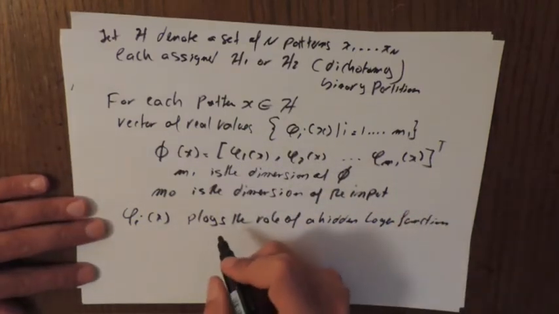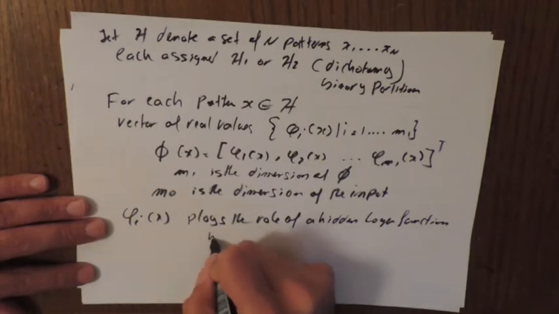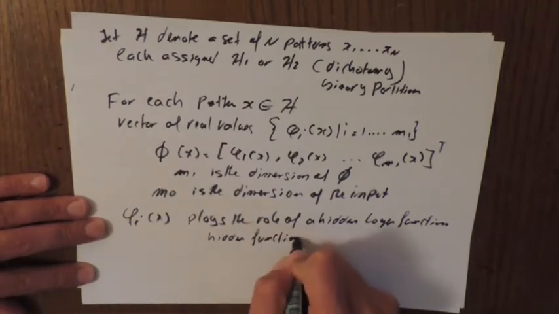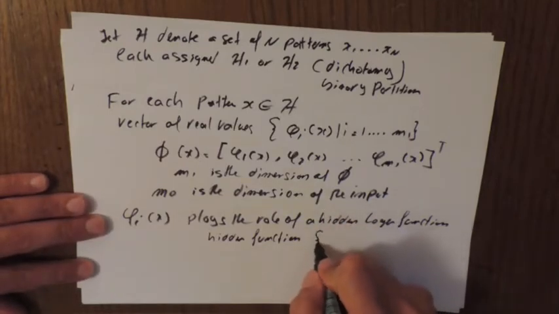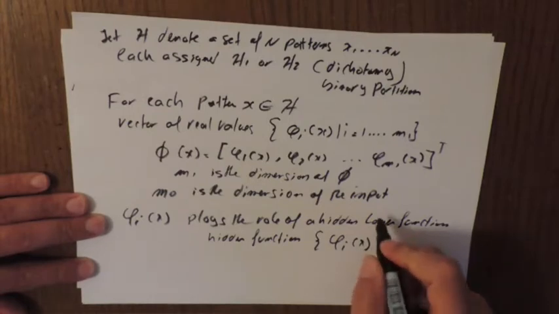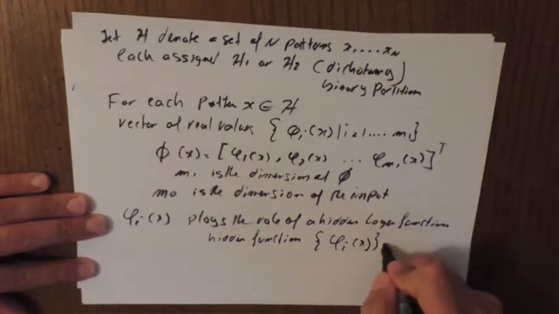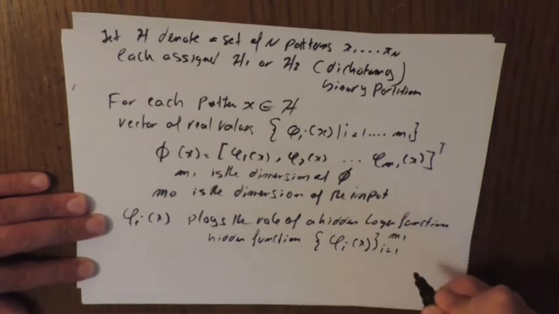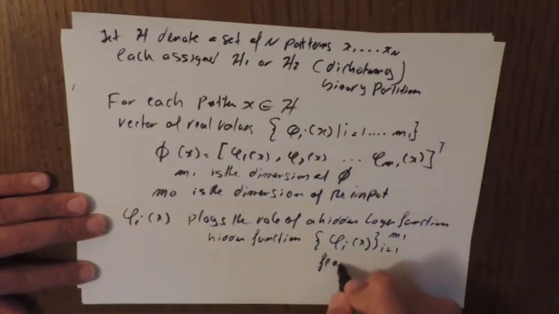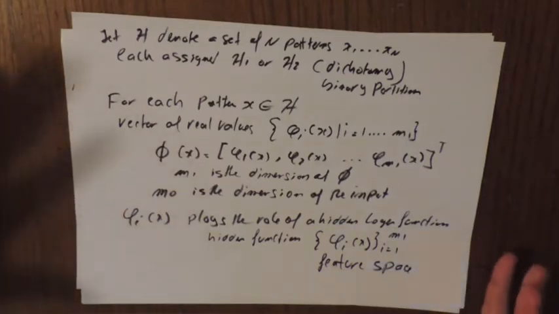And so we can say that these hidden functions, phi i of x, where i goes from 1 to m1, are referred to as the feature space. So these are the features that are in my data.